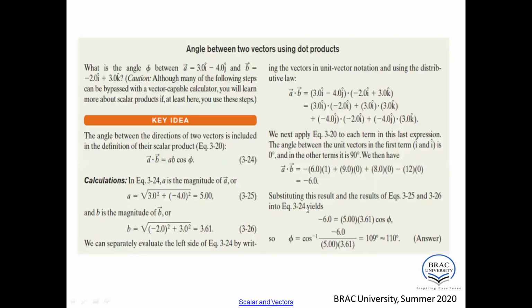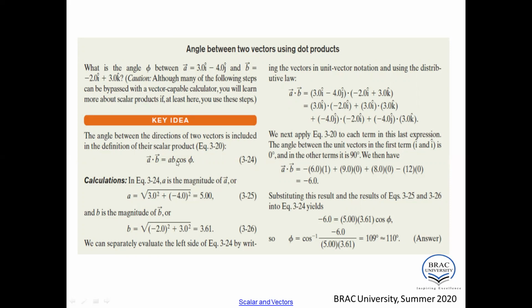Now let's solve a problem. Two vectors are given: vector A equals 3i minus 4j and vector B equals minus 2i plus 3k. The question is, what is the angle between these two vectors? To find the angle between two vectors, we can use the scalar product.